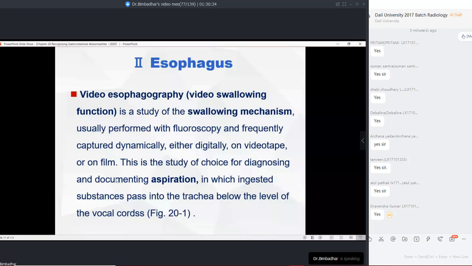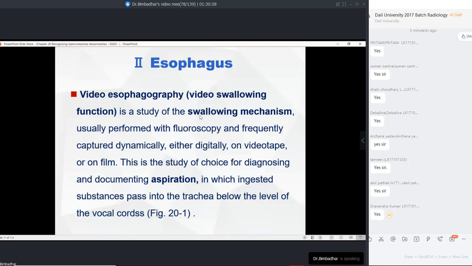recorded as a videotape or as a film. We will get something like 6 to 7 images, because it takes around 3 seconds for any food substance or water to flow down the esophagus, from the oropharynx to reach the lower esophageal sphincter.